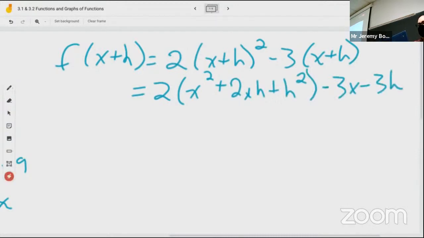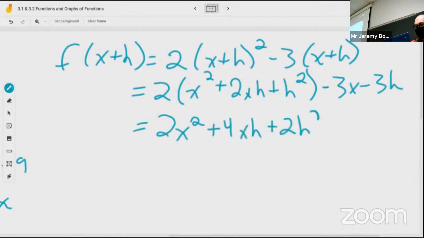And once we distribute the 2 to all those terms, we're going to have 2x squared plus 4xh plus 2h squared minus 3x minus 3h. And that is that.